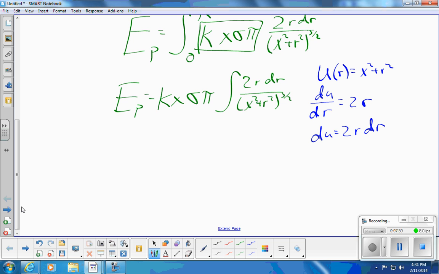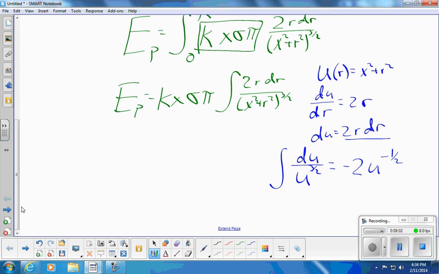Okay. So what do I have here? I actually have here an integral, I'm going to do in blue, of du over u to the 3 halves power. And that integral is, this is where I screwed up the other day, negative 2u to the negative 1 half. Yes, 1 over n plus 1, u to the n plus 1. Good.